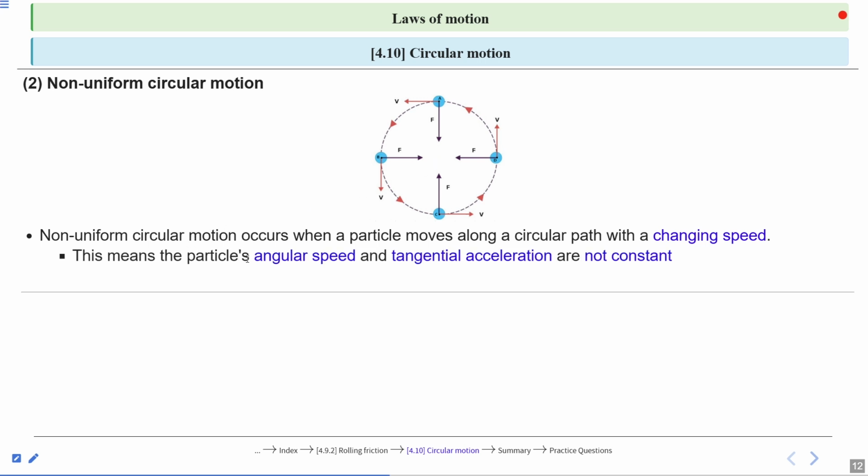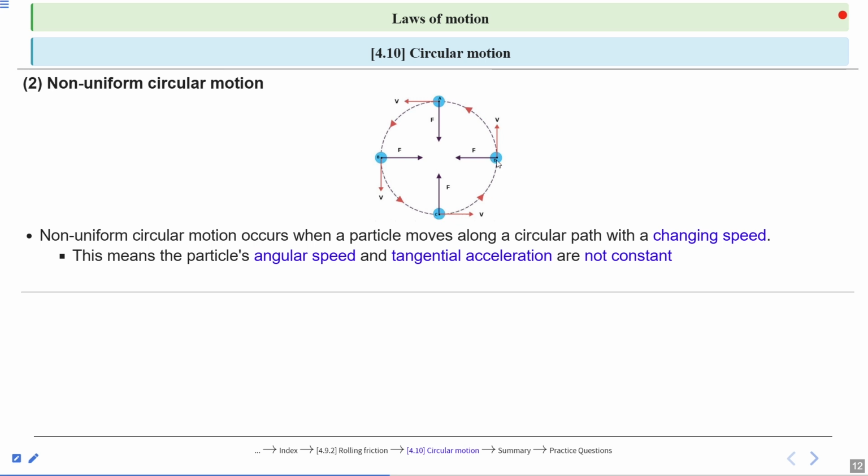This means the particle's angular speed and tangential acceleration are not constant because the speed of the particle is changing at every point. At point A, the speed and direction both will be different. At point B, the speed is changing, and at point C the speed again changes.